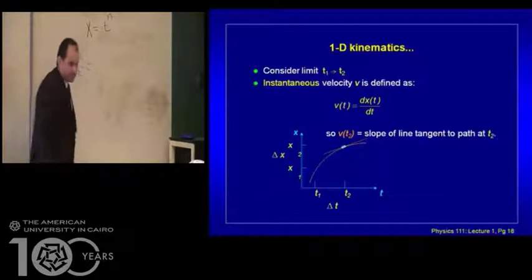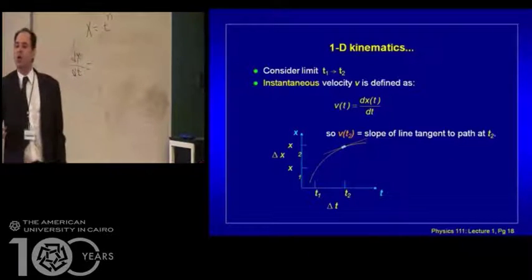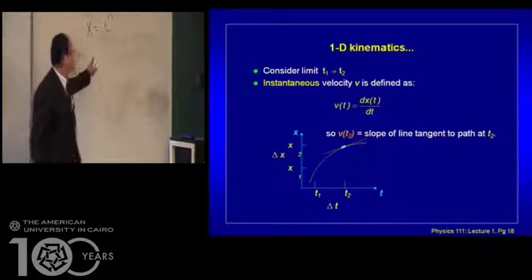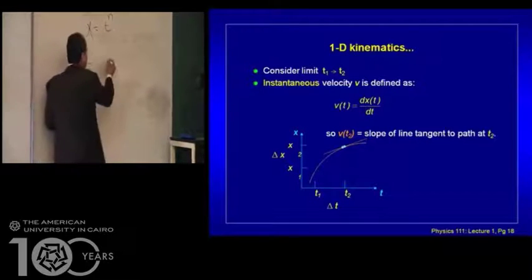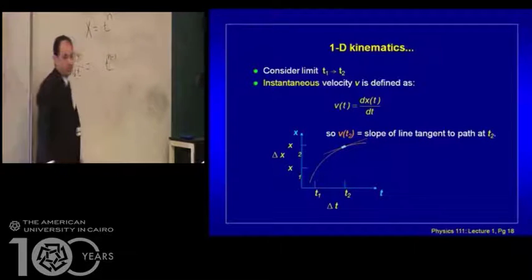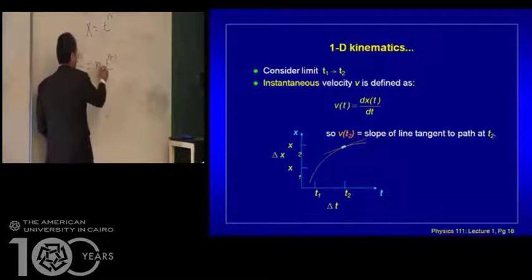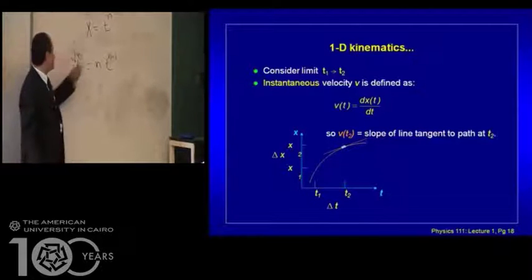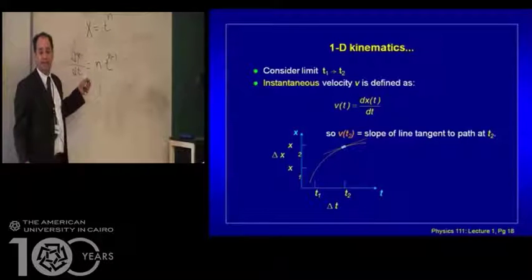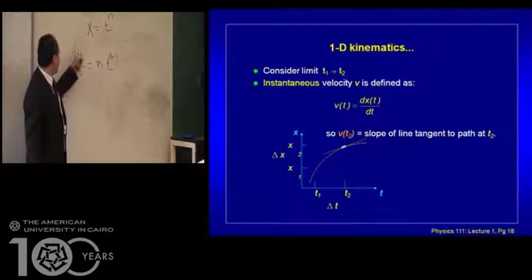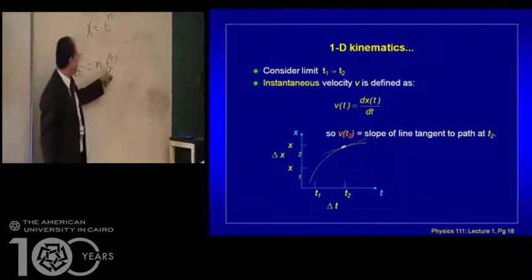That's a mathematical formula. It has its own way to find that. Simply, what we do is decrease that power by 1 and multiply by the old power. So dx by dt equals n times t to the power n minus 1.